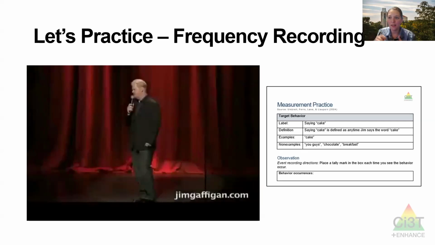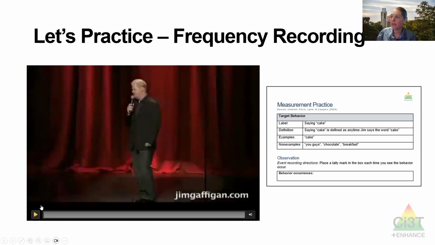You can use that handout. If you'd rather just use a scratch piece of paper, totally fine. You're just going to make a mark every time he says cake. I'm going to give you about another 10-ish seconds just to either get a piece of paper and a pencil, or to download that handout. All right, I'm going to press play. You're keeping track of how many times Jim says cake.